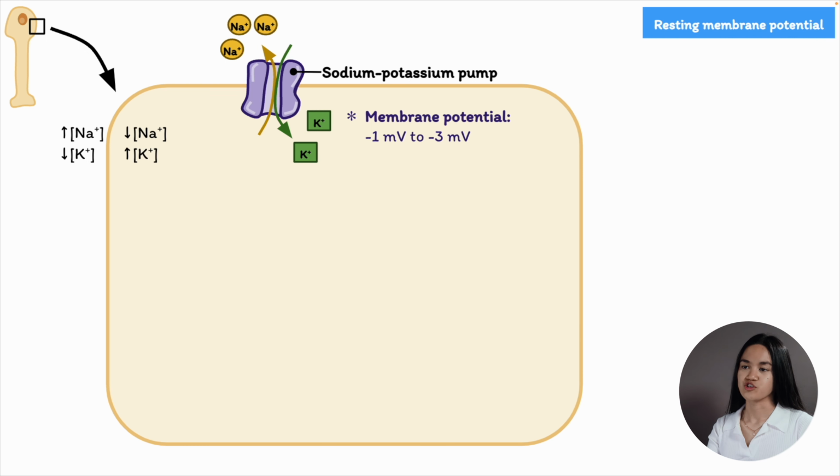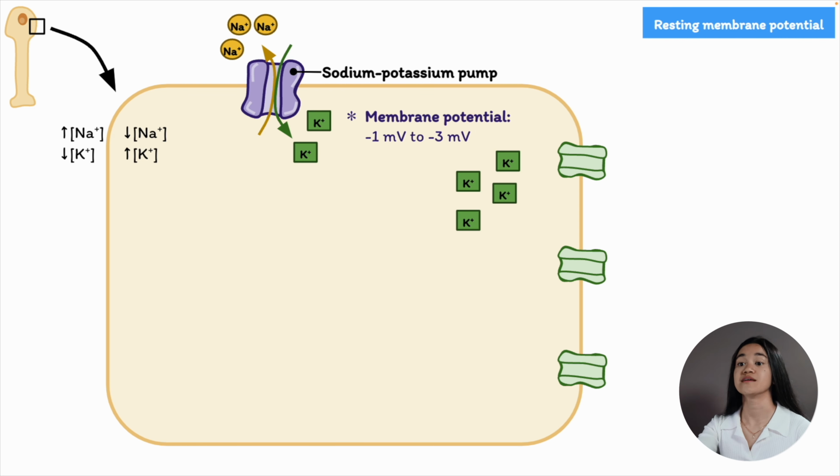Most of the membrane potential is produced by potassium and sodium passively diffusing down their concentration gradient. Okay, let's go through the movement of potassium through leaky potassium channels or leak channels. We've already established that potassium is more concentrated in the intracellular fluid inside the cell.